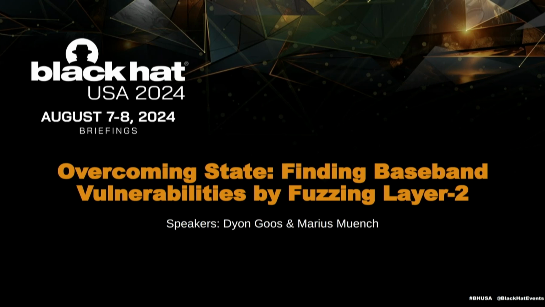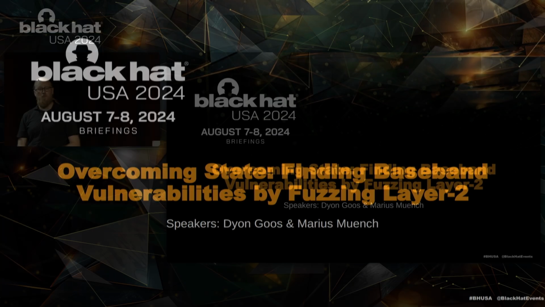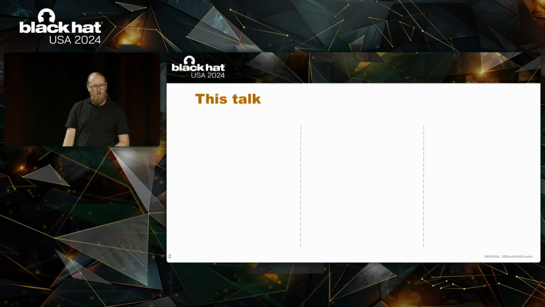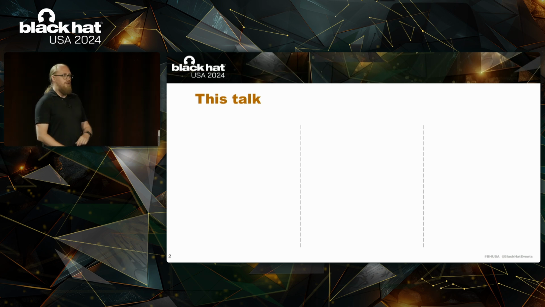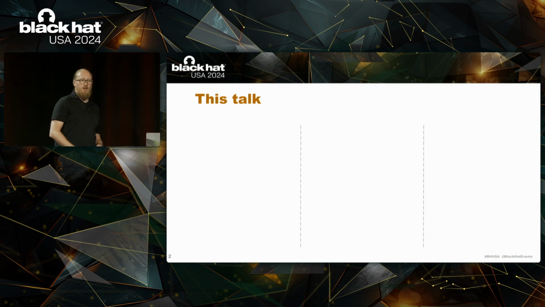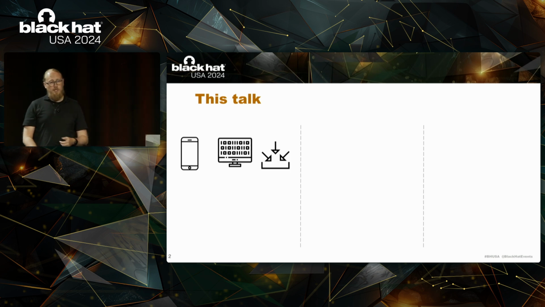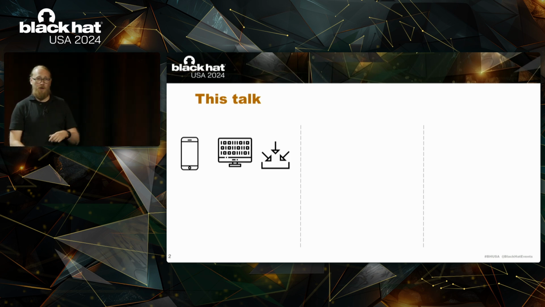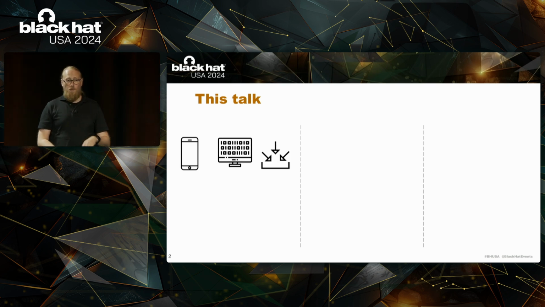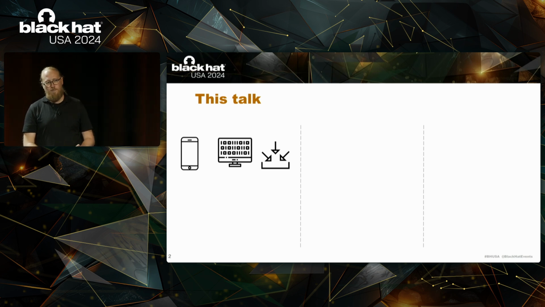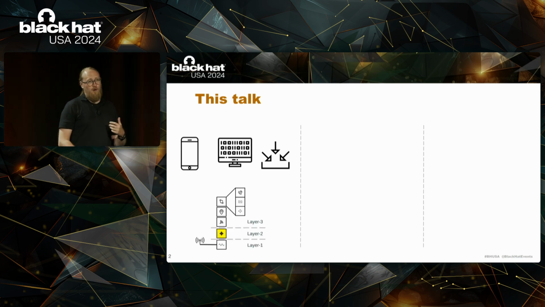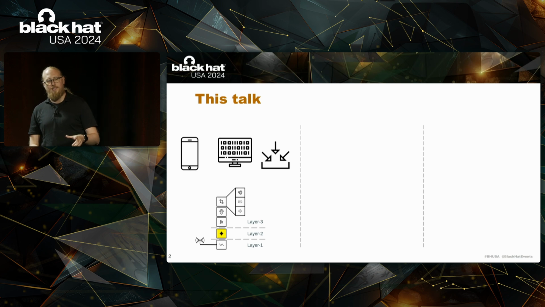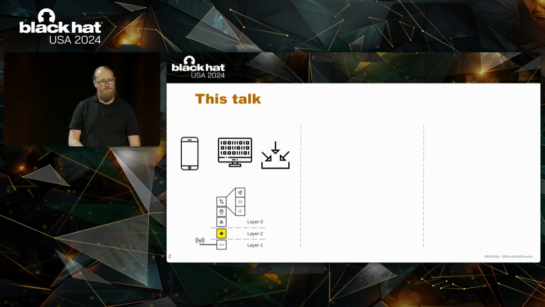Let's dive right into our talk, Overcoming State, Finding Baseband Vulnerabilities by Fuzzing Layer-2. Let's look into what the next 35-40 minutes will be about. We will be talking about basebands on smartphones, about emulating them and fuzz testing them. In contrast to prior work, we will focus on fuzz testing layer 2 of the cellular stack.